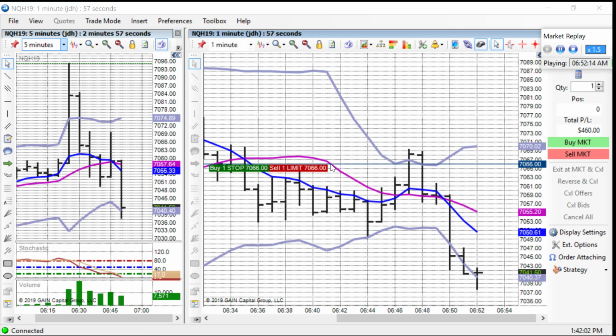Okay, so this was a downtrend in progress after it switched over, and I'm looking for a pullback back to the number 3 point right here. So let me speed that up a little bit.